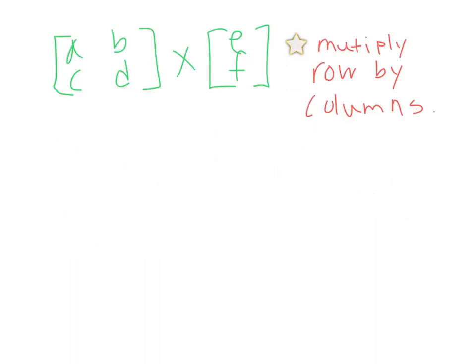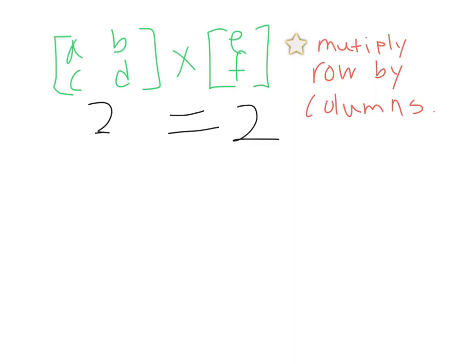First, we have to make sure the number of columns in the first matrix is equal to the number of rows in the second matrix, or else the multiplication wouldn't work. So, the first matrix, we have 2 columns, which is equal to the 2 rows in the second matrix, so the multiplication will work. But how do you multiply?